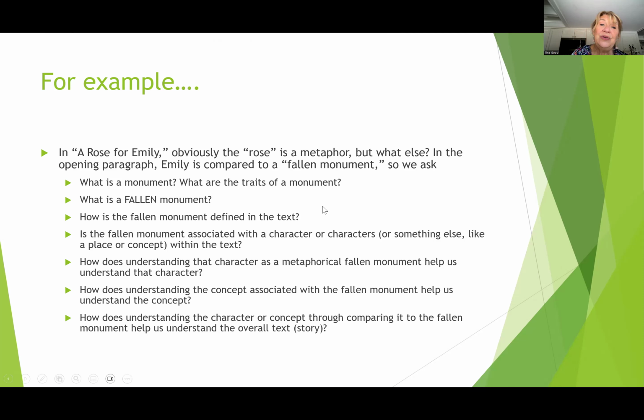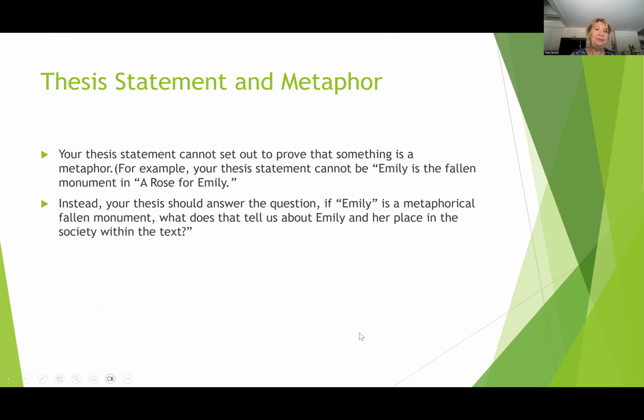So again, this is a story that's just embedded with metaphor. And this is very common for a Gothic story because remember, you have your in-your-face message, but in order to hide the message, it's often hidden in the metaphors of the story.